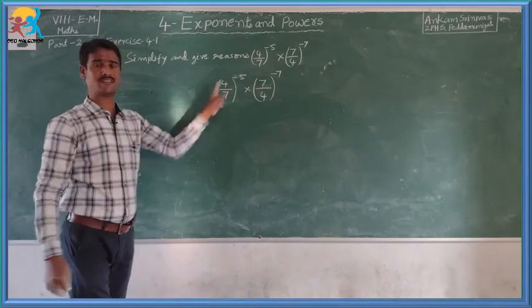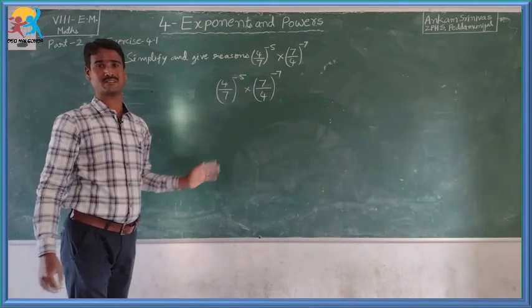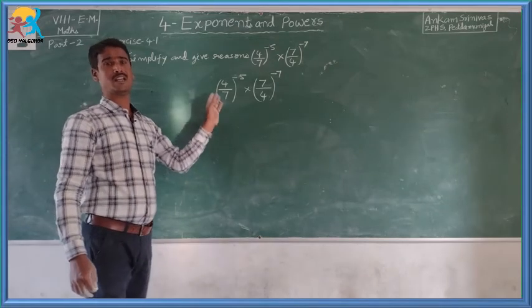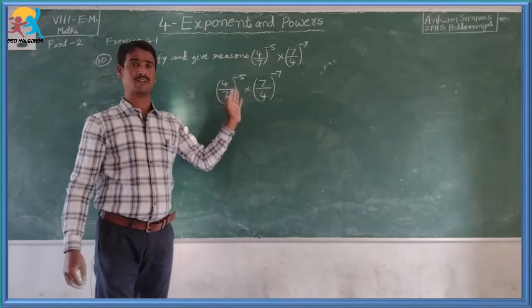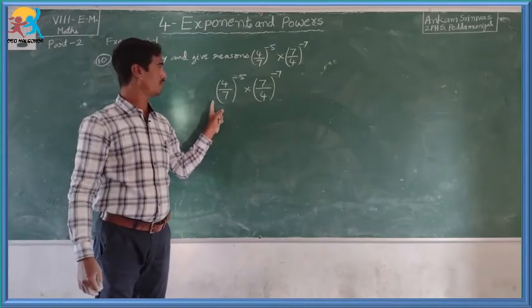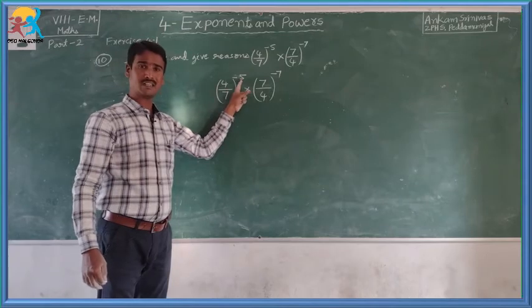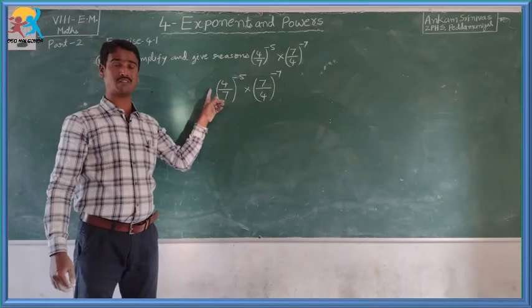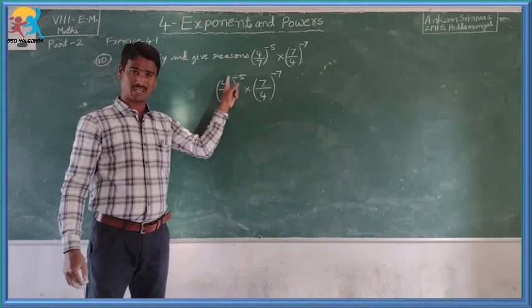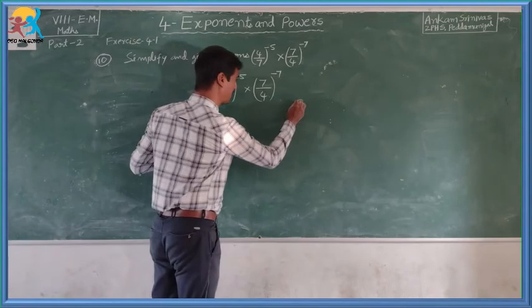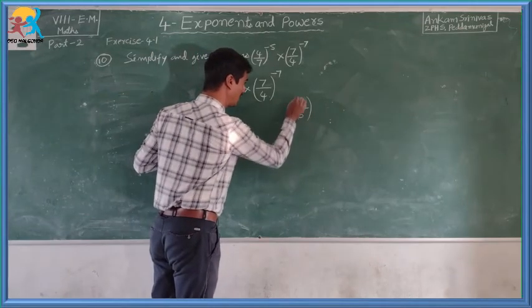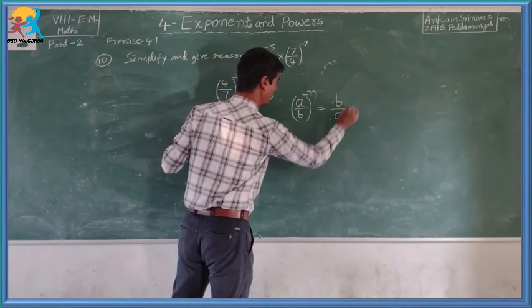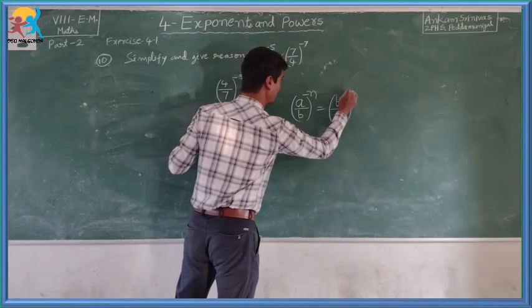We know that the given exponents are negative. When the given exponents are negative, we have to write the exponent as positive. To do that, we have to write the reciprocal of the base. That means a by b whole power minus n equals b by a whole power n.